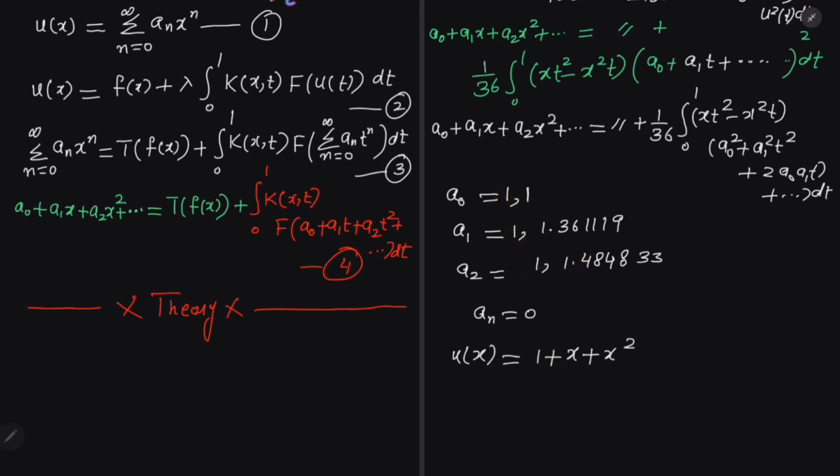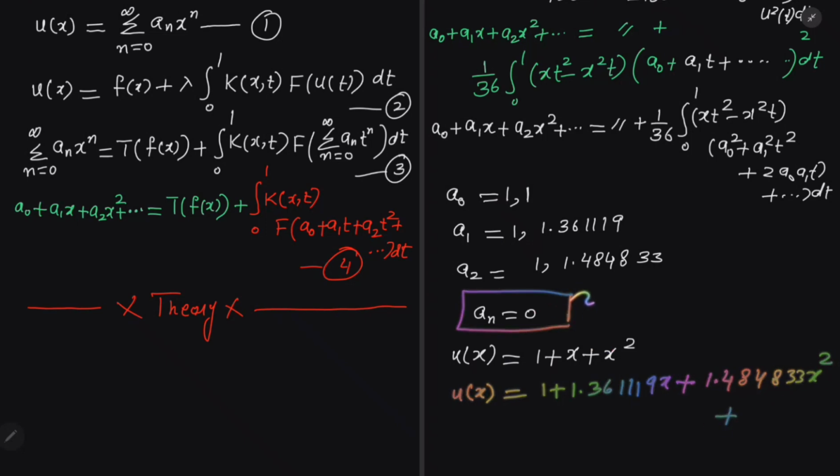And then we have u of x for another value, which is 1 plus 1.36 x plus 1.484833 x square. All other terms are 0 as mentioned over here.